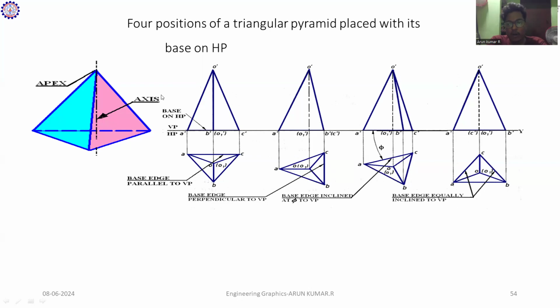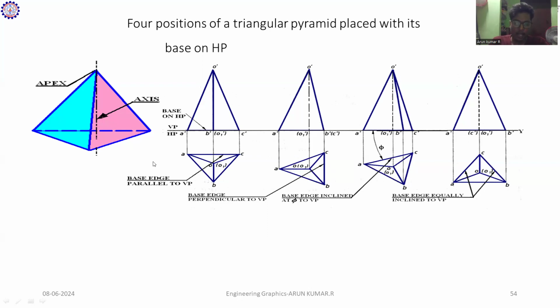First draw the XY line, then at a minimum distance of 10 mm from the reference line, draw the base value given in your problem, that is 25. So here AC is 25 mm in length.